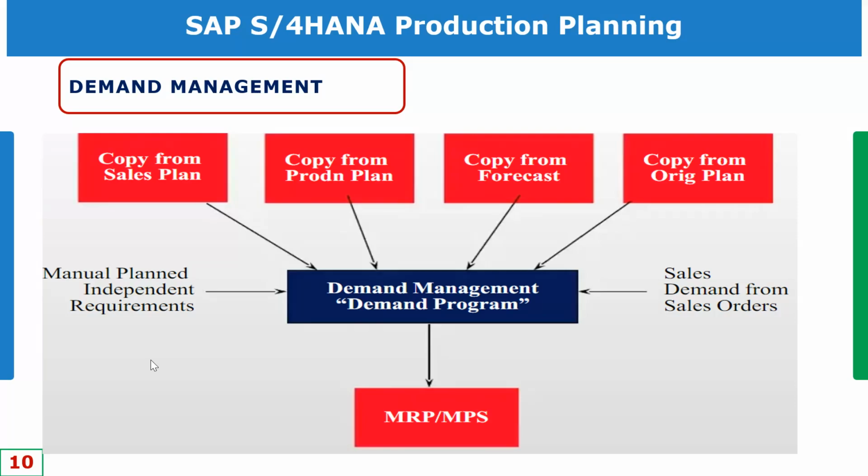How these demands are coming into the system, and how we have to react to the demand based on priority. We arrive at these demand programs, and at the end of the demand program, we have to create orders against that demand quantity, which comes under material requirement planning, MRP.